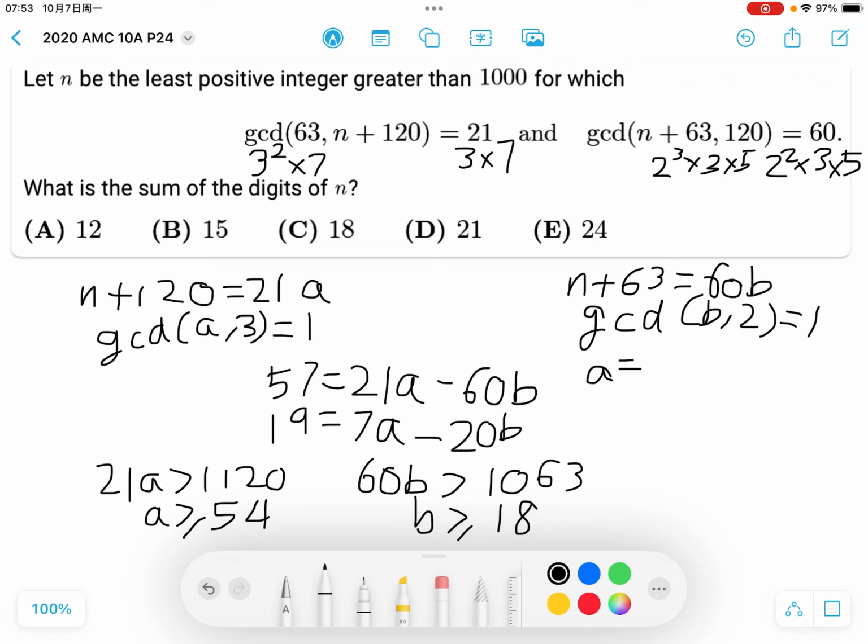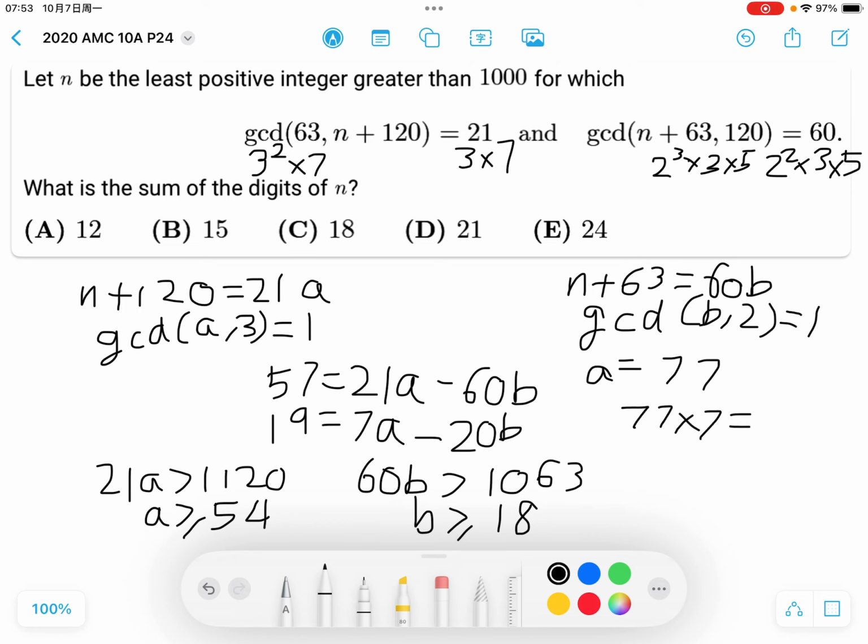Now what about when A is 77? Wait, this is 77 times 7, not 77 times 9.